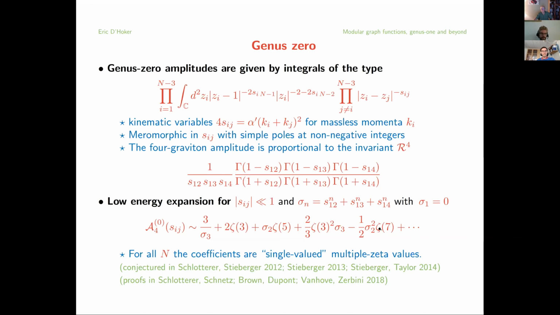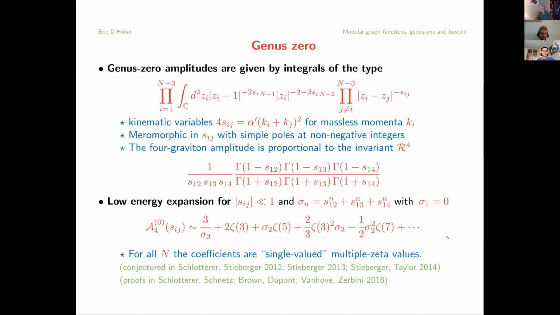And then all the rest is the effect of the massive string modes. And as you can see, the coefficients are nicely given by factors of the sigmas, which are kinematic invariants, and then multiplied by odd zeta values or zeta value squared. And in fact, more generally, for the n-point function, the coefficients are single-valued multiple zeta values.